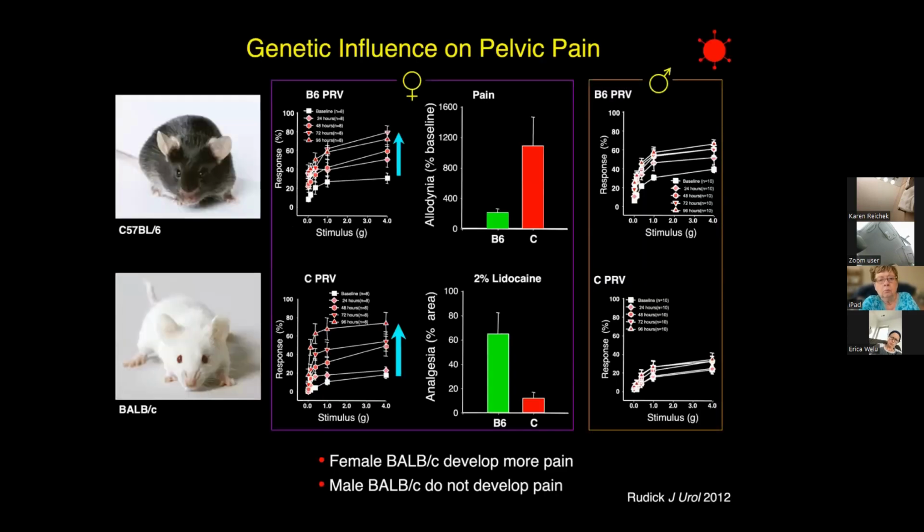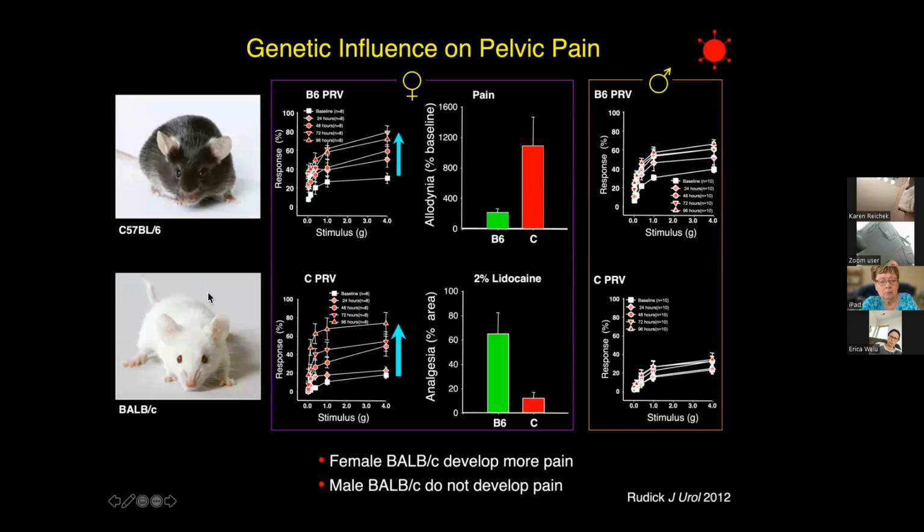I'm going to backtrack for just a second and tell you a little bit about mouse genetics. This is using that original chickenpox virus model, comparing the two most commonly used strains of mice in biological science, the C57 black 6 mouse, or B6, and then the BALB/c mouse.